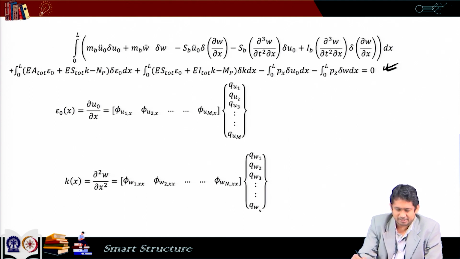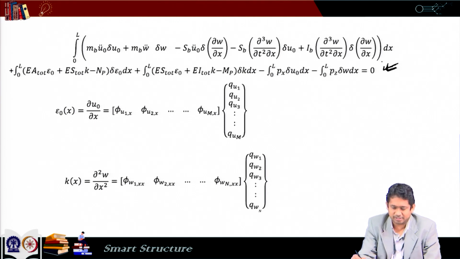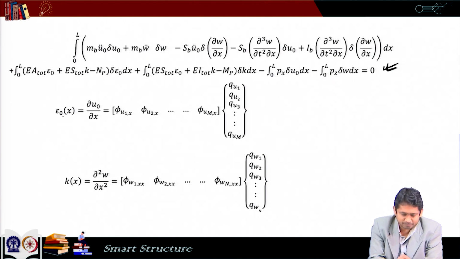So, in this expression now if we put the approximations directly, then can we get the solutions. Again we have the same approximation for phi u and we have the same approximation for u0 and w, and we know that epsilon 0 is del u0 by del x.